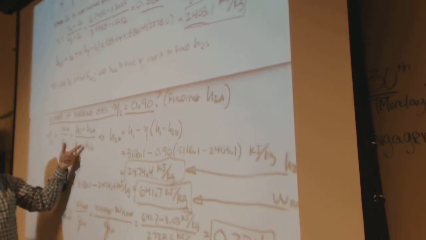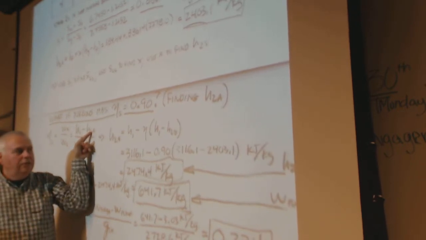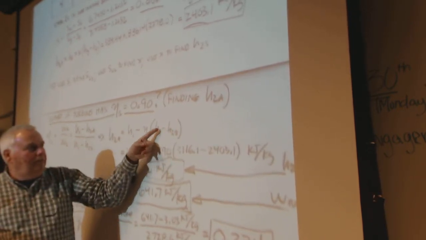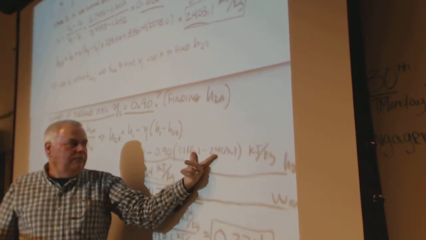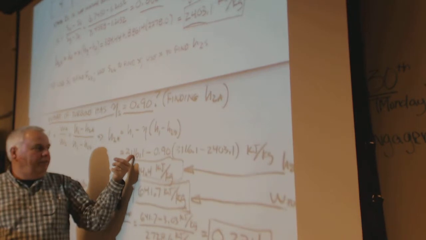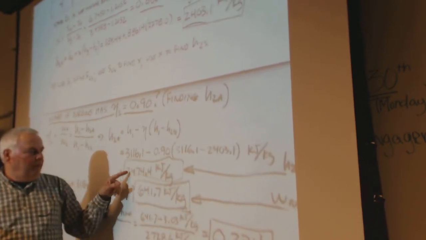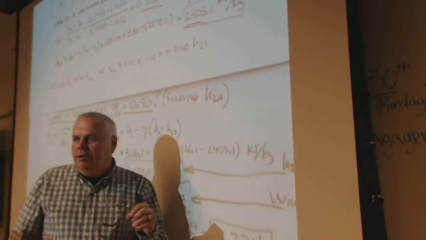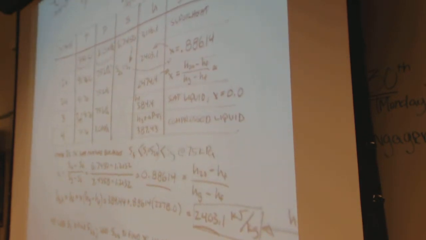If you solve this for H2 actual, you take our 2403 we just found, subtract it from this, take 90% of it, subtract it from the high value, and you get the value of 2474. So that is where this value is coming from.